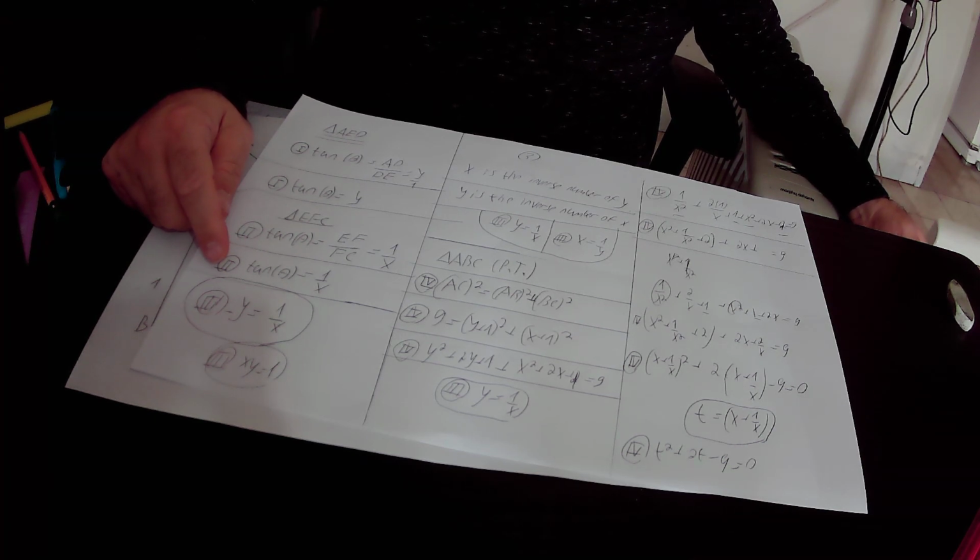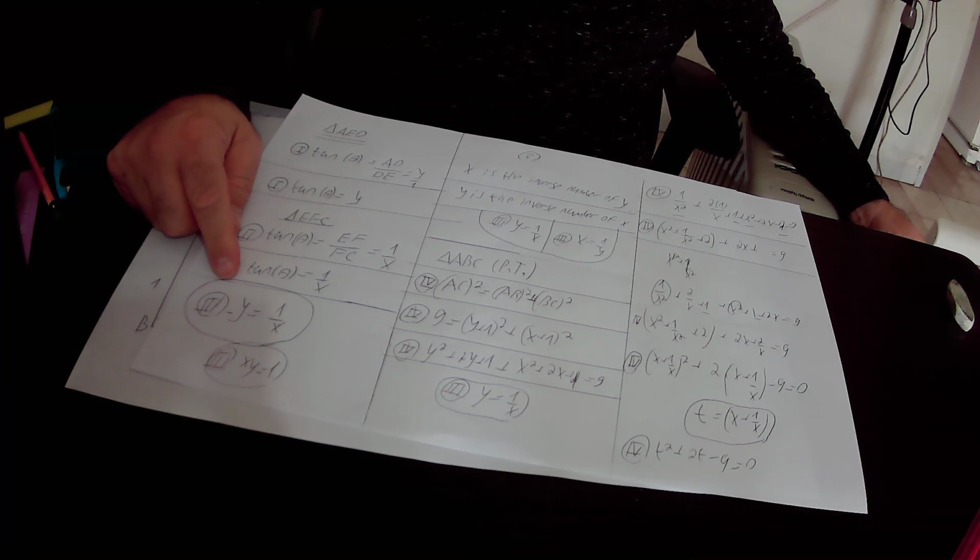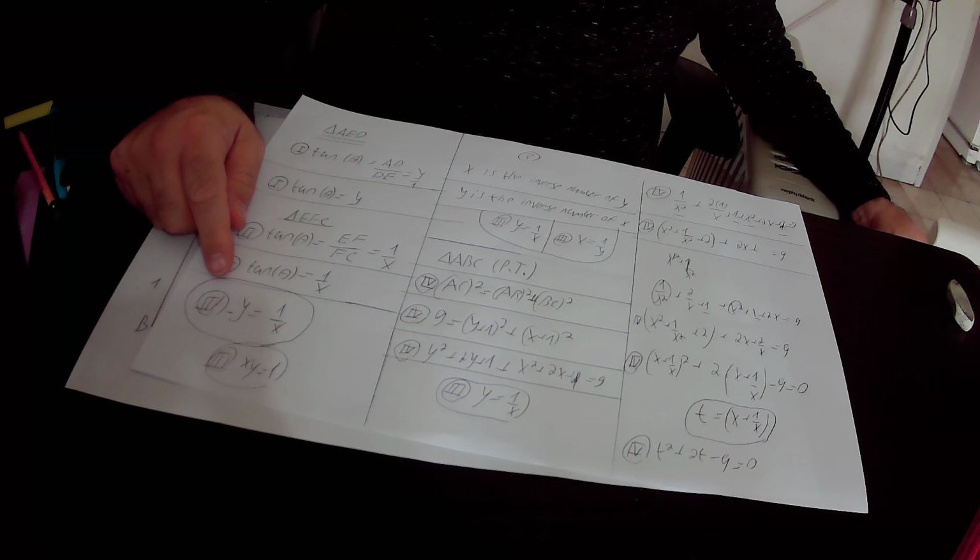What does it mean? It means that y is the inverse number of x, and also x is the inverse number of y, because if we multiply equation number 3 by x and then we divide it by y, we get that x equals 1 over y. So each is the inverse number of the other.